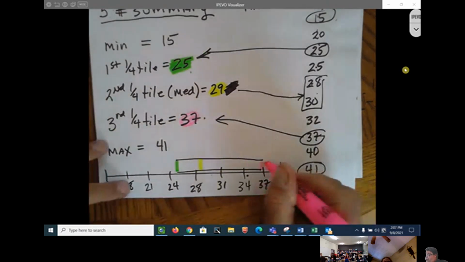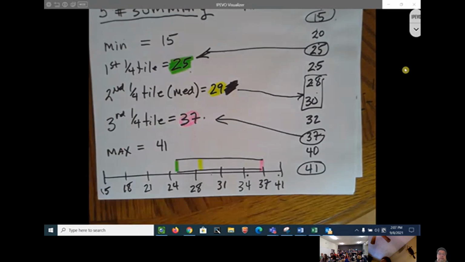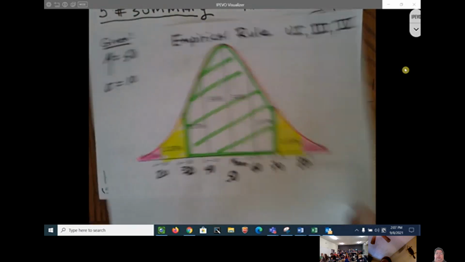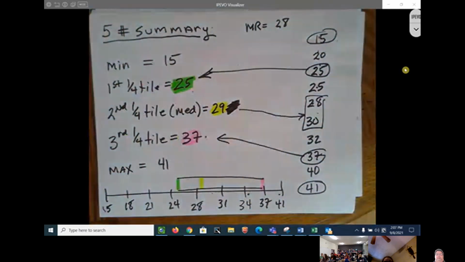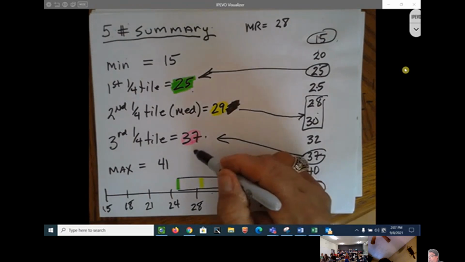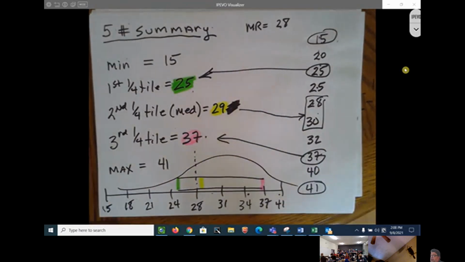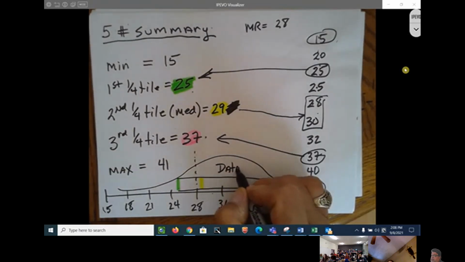And that's a little review over what we did Monday. Empirical rule and 5-number summary. And this looks like, here's the middle. Looks like it's a little bit skewed left because most of your data is on the right.